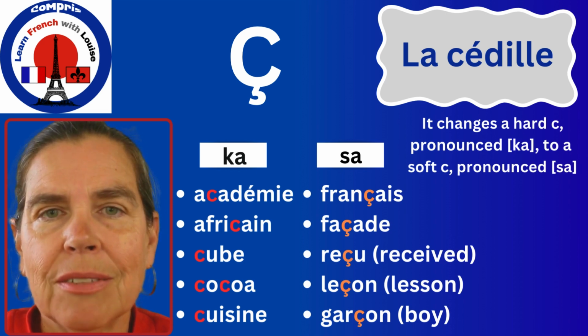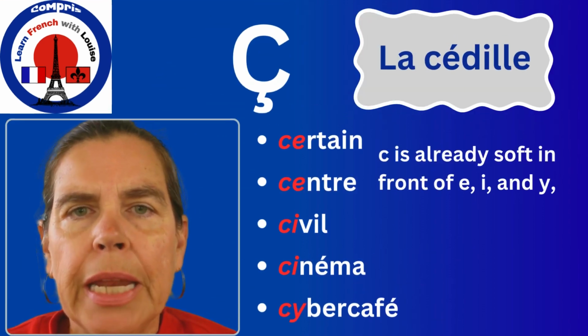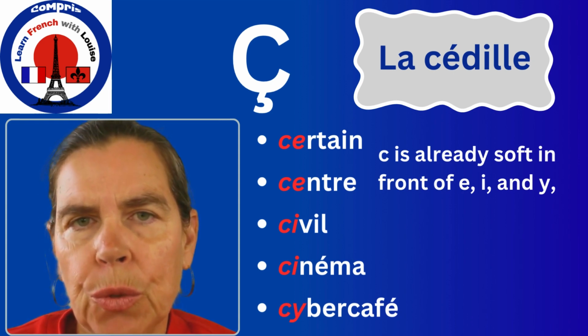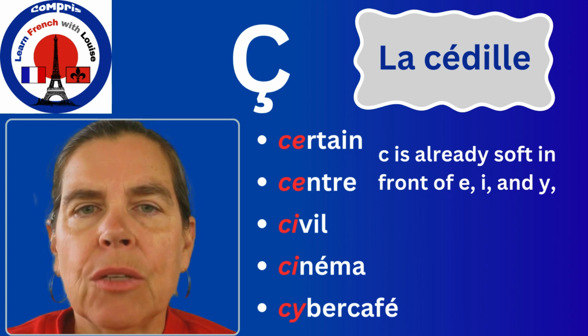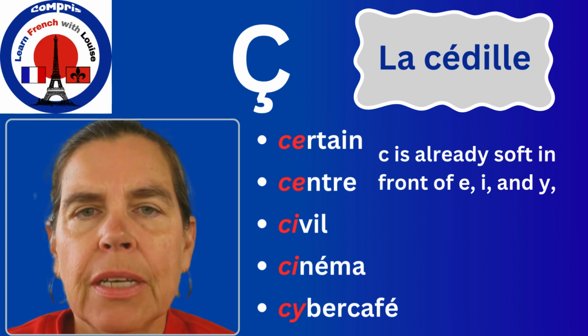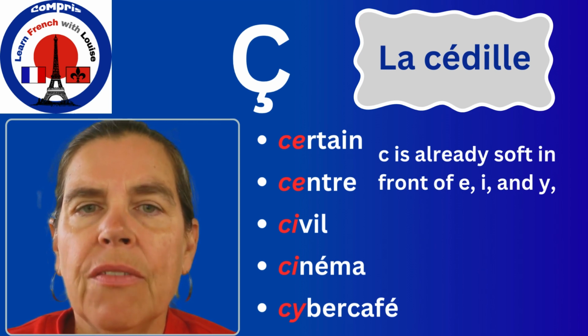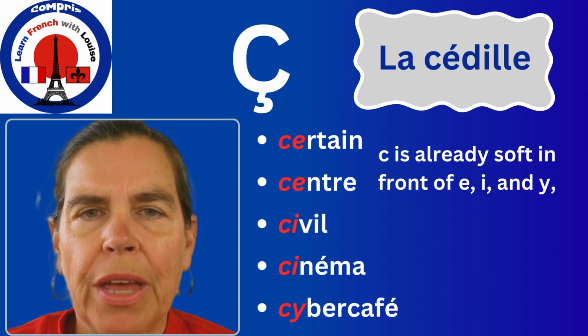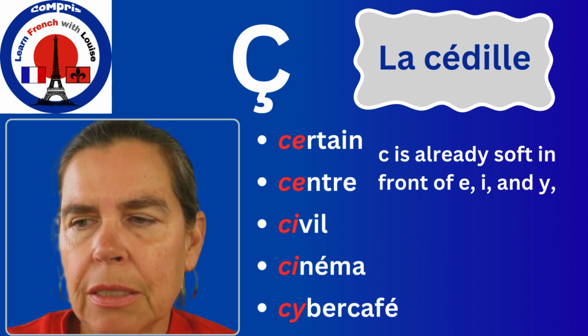That's the difference. So if your C is followed by an A, an O, or a U, and does not have a cédille under it, your C is going to have a K sound. If your C has a cédille under it, it will have a S sound. So just remember that. That's an important pronunciation lesson to keep in mind.